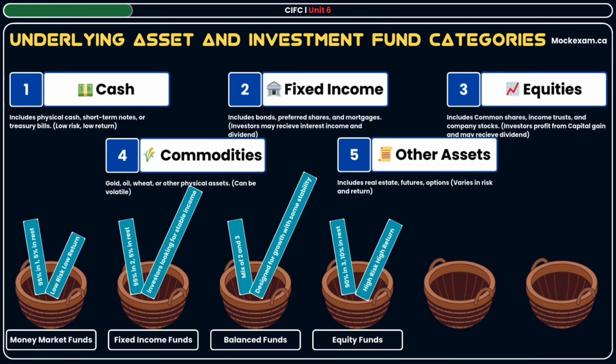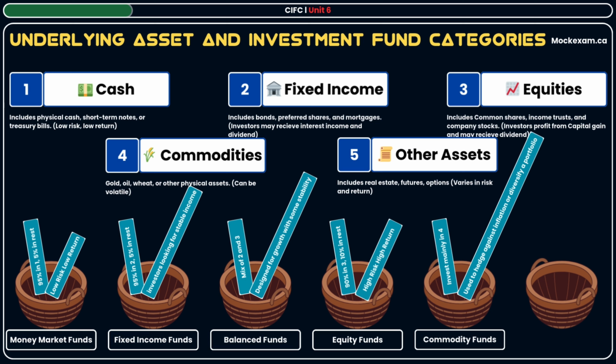Okay. Group number 5, or mutual fund number 5, is commodity mutual funds. What do they do? They invest mainly in group number 4, which includes gold, oil, wheat, or other physical assets.